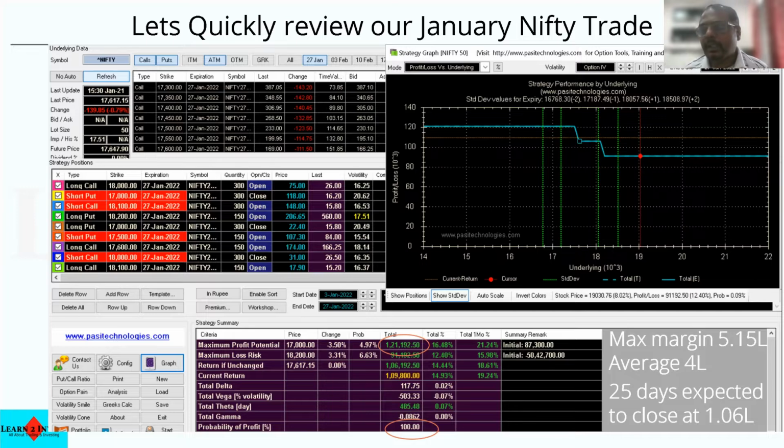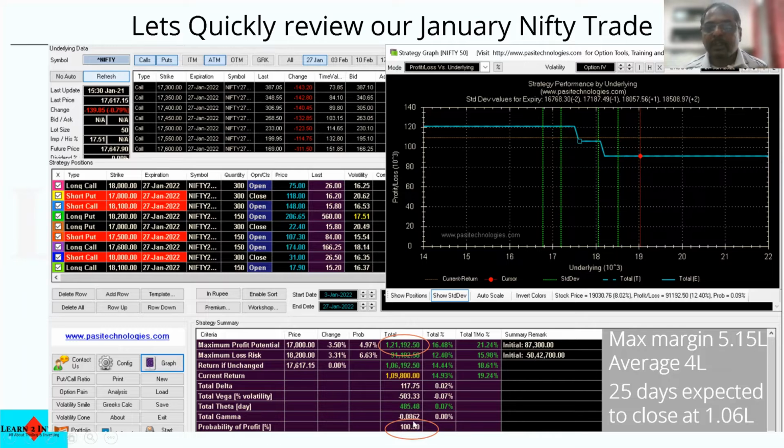If the market remains between 17,600 to 18,000, then I would be making around 1.06 lakhs. Better, much better. And if the market happens to go below 17,500, then I'm going to be making around 1,24,000. Very good.